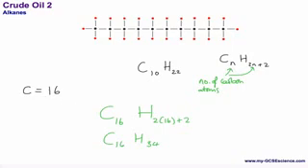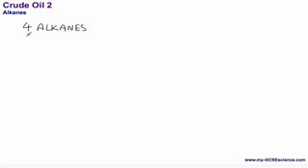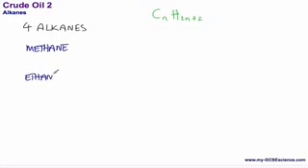Now what I want you to do is to look at 4 specific alkanes. I want you to work out the formulas using the general formula CnH2n+2 for 4 special alkanes, and those are called methane, ethane, propane, and butane.